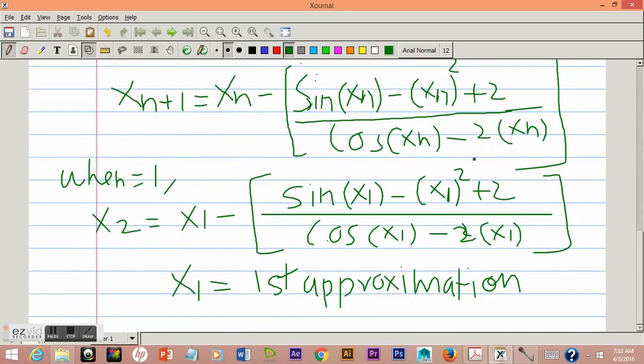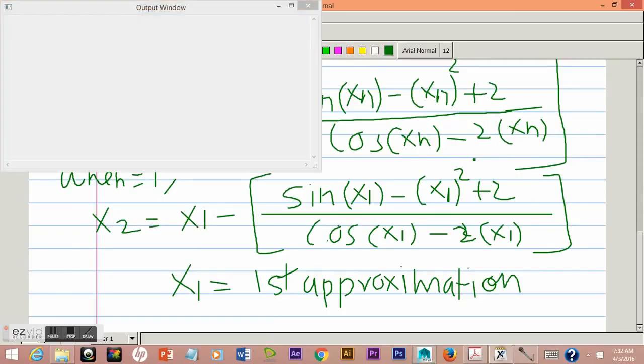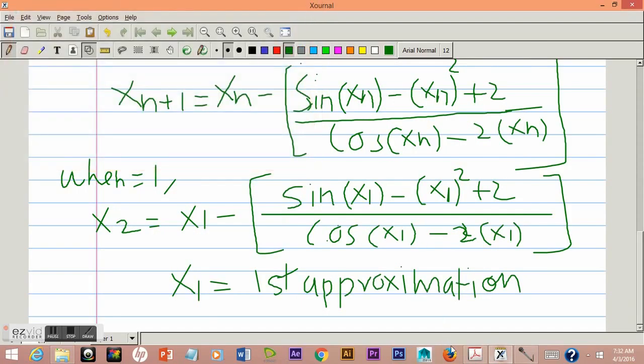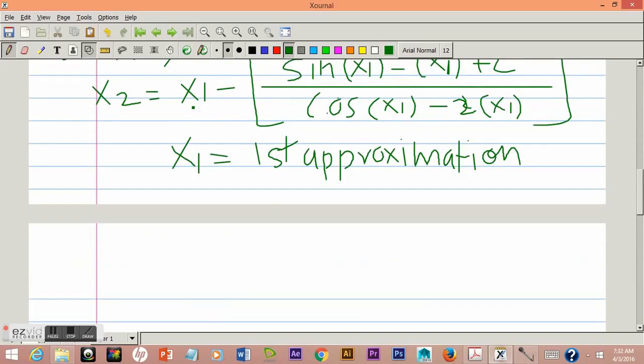Okay, let's take our first approximation as 1.